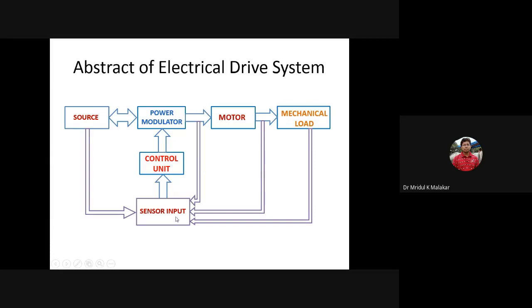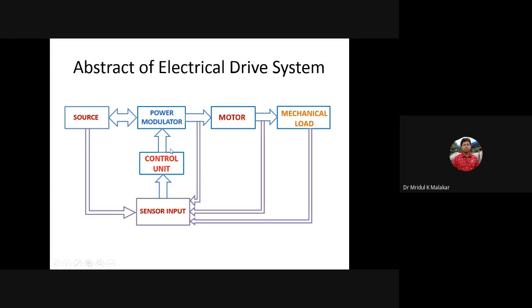Based on the sensor and the source, you were taking all the sensor information. Remember, once you know all the information about the system, your control system will be more complex, but it will be robust and a more dynamically responsive system.